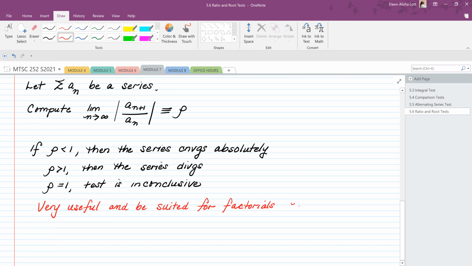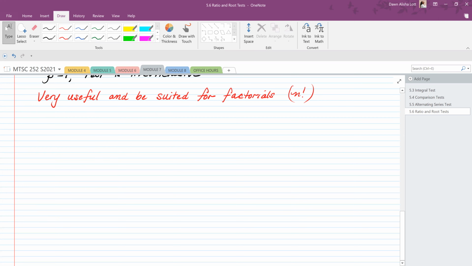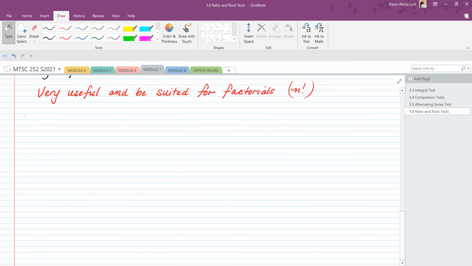So anytime you have n factorial in your problem, the ratio test is one of the best tests to use. Okay, so here's some examples. The first one is the summation n equals 1 to infinity of 2 to the n over n factorial. This is a perfect one to use.